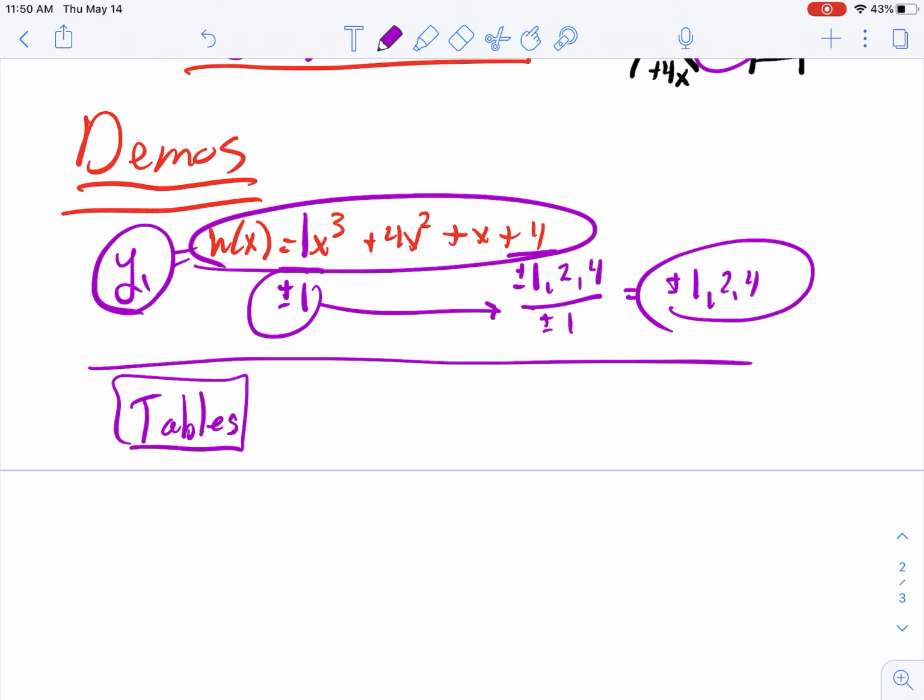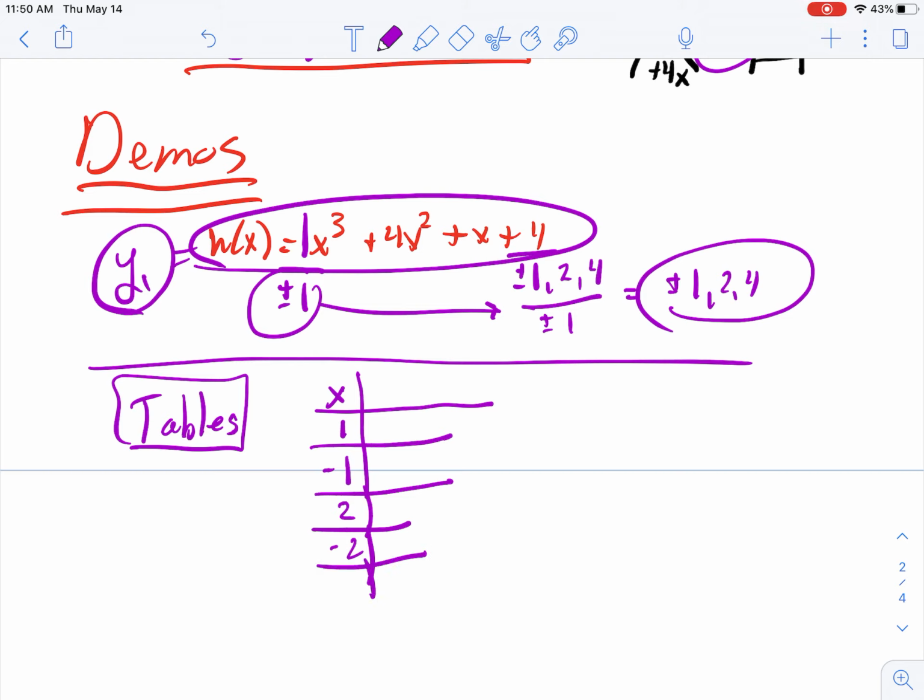Then you have to go to your tables and plug in the numbers 1, -1, 2, -2, 4, and -4.